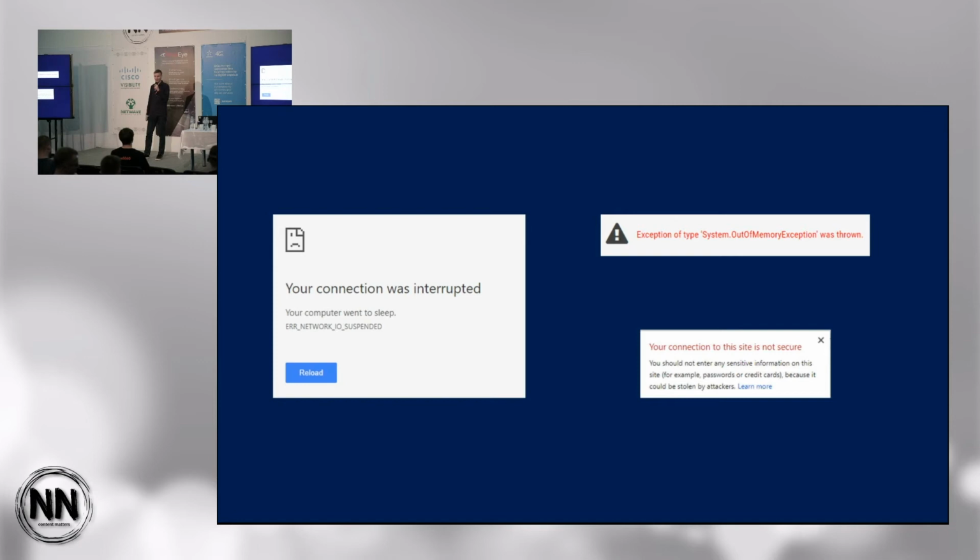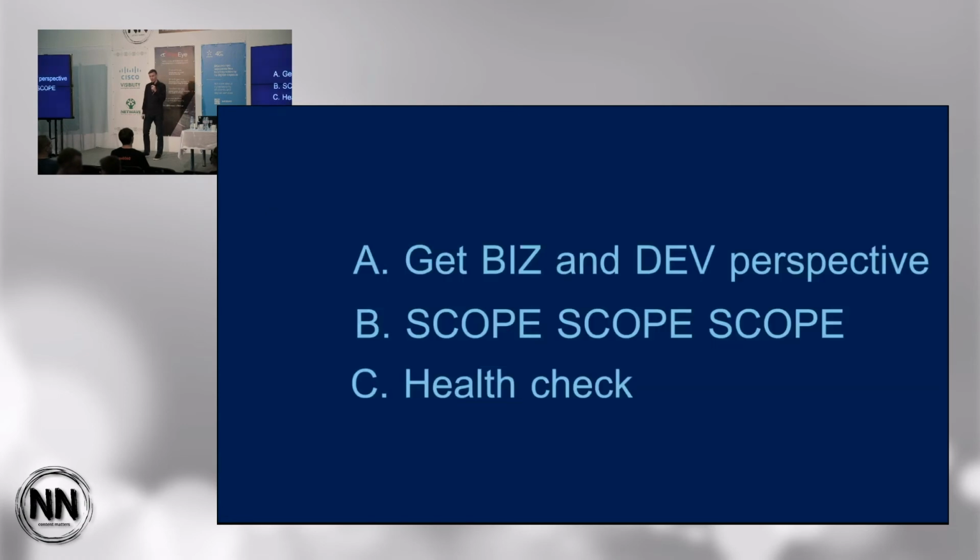Because we had an example when some part of the product was completely disabled and we figured it out after 3 weeks of the pen test, and we were like, damn, this is not how it's supposed to be. So on the first day, get both business and development perspective, scope 3 times, make sure you test the right thing and you keep the main thing, and do the health check.